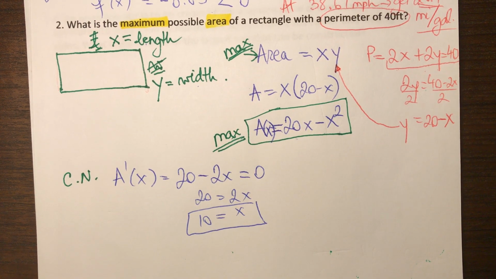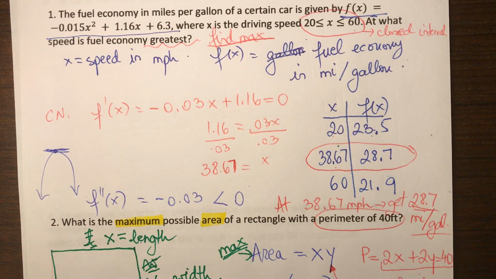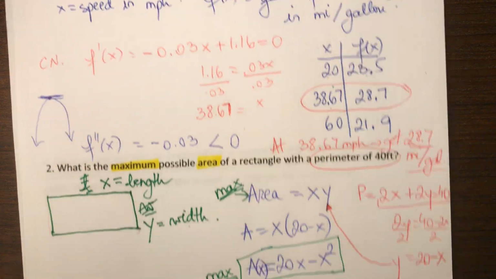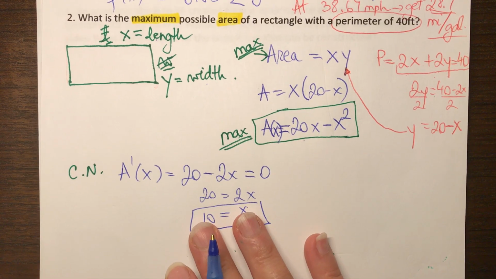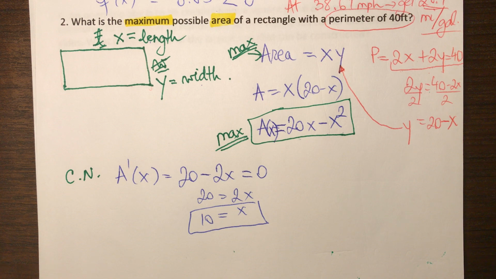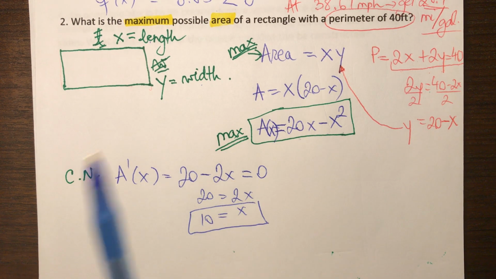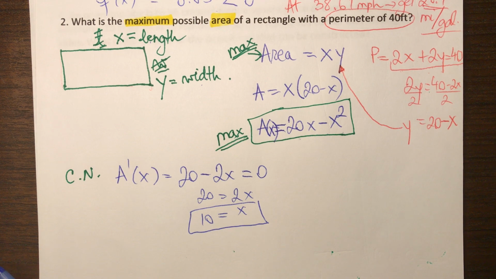Now, what do I do with it? Well, if I were given a beginning and an end, in other words an interval, it has to be between so and so and so and so, I could just put in those 3 values, the beginning, the end, and this critical number, and see which one leads me to my maximum possible. However, now that we couldn't come up with conditions, what could be some of my conditions?